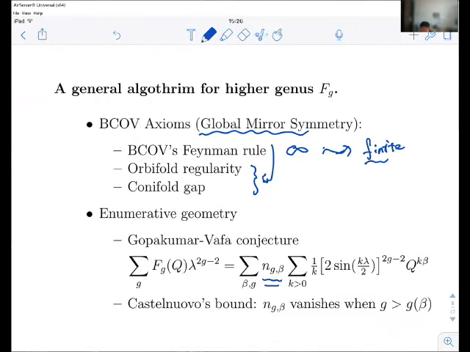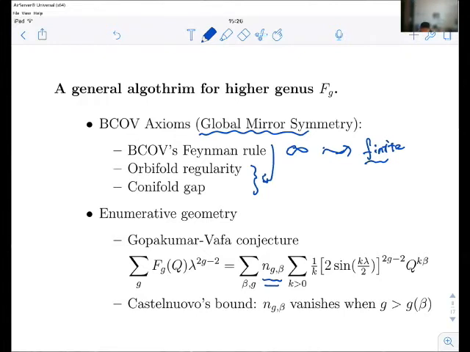So for example, the degree 1 and degree 2 curves are just rational curves. In general, if we consider degree d curves in the quintic, we still have some bound.